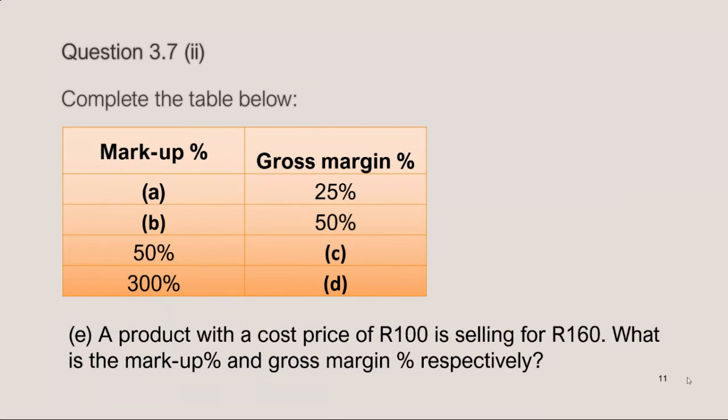Now, if we take the formula, we first have to start with gross margin. What amount is going to be 100%? If we talk gross margin, which of my three amounts, cost price, profit, or selling price, will be 100%?